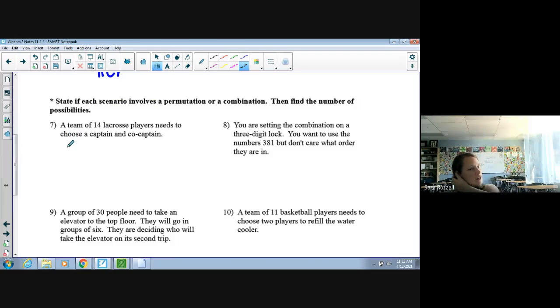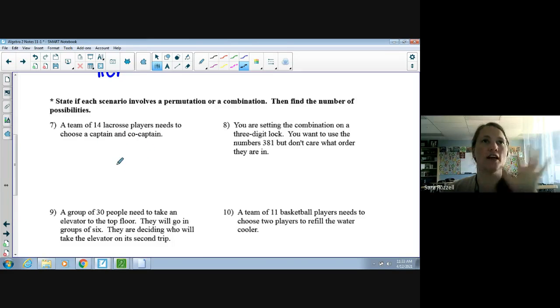Number 14. A team of 14 lacrosse players needs to choose a captain and a co-captain. Are captain and co-captain 2 separate jobs? Are they 2 separate jobs to be captain or co-captain? Do they do different things?